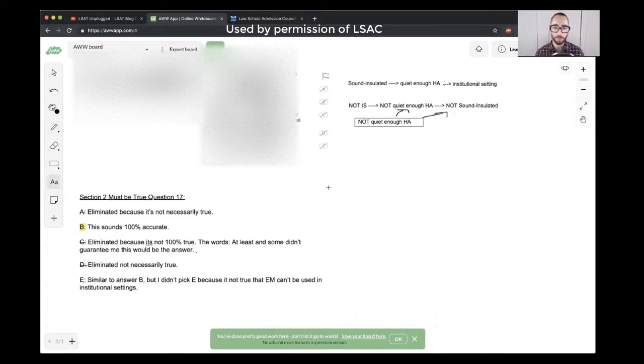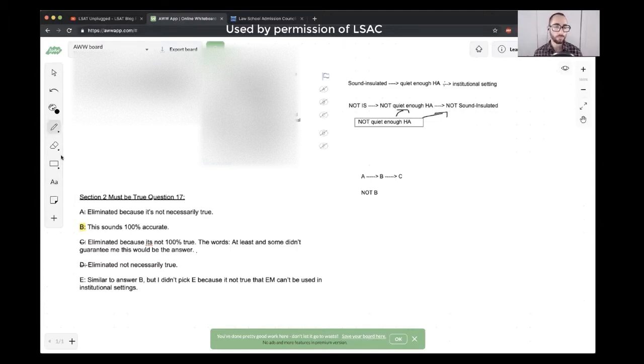Just to make this a little bit more abstract as an example, if we had A requires B requires C, then we were told not B as a concrete variable, not B, of course, being the same as not quiet enough home appliances.